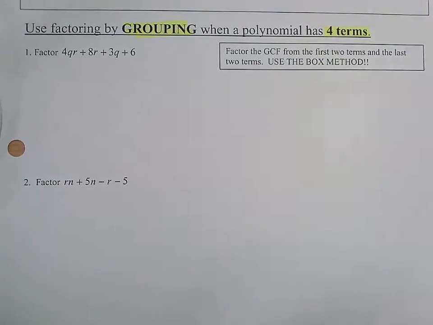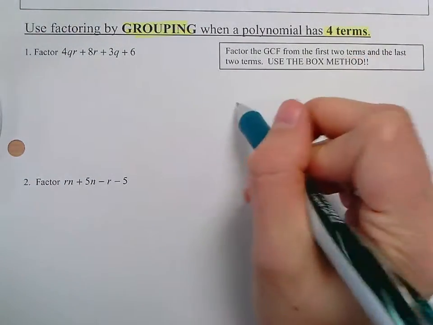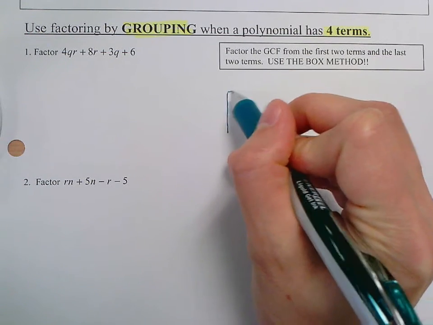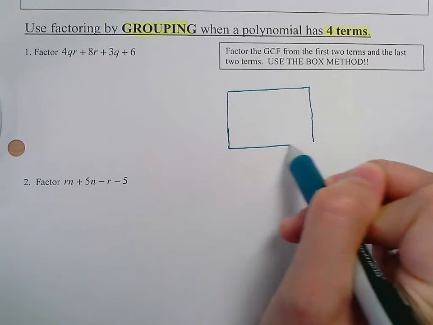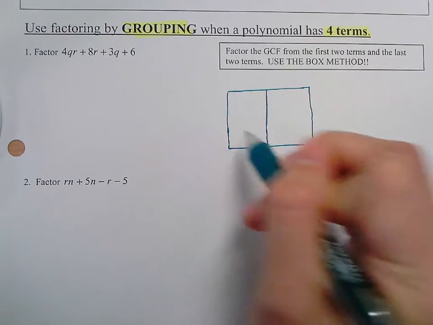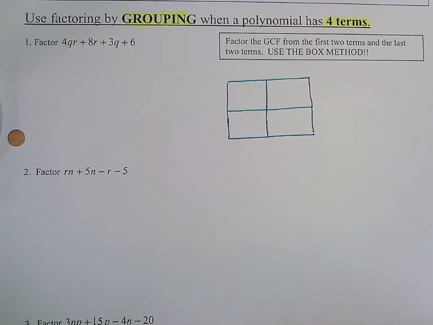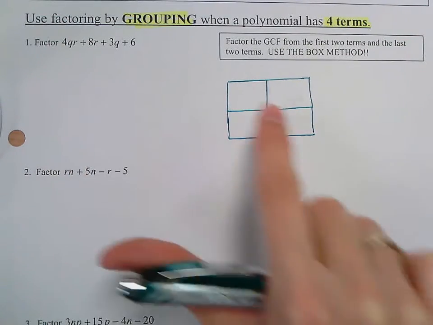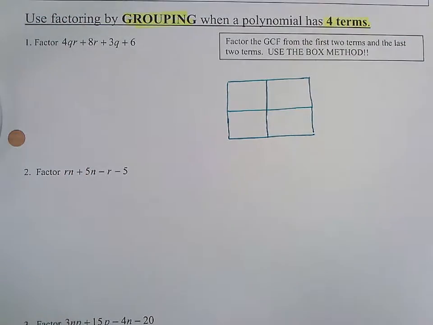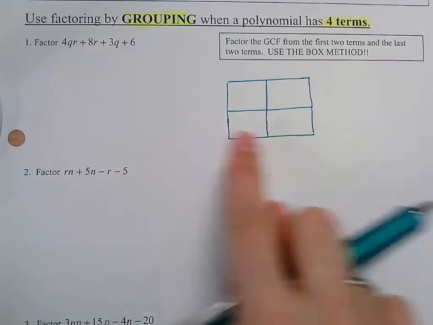Then if there's no GCF, here is the box method. So you're going to make a 2 by 2 box, or think of it this way. It's a box where you're splitting it into 4 boxes like this. Okay, and then I'm going to put my 4 terms in the 4 pieces, but here's the order you should put them in. I guess just put them in order.